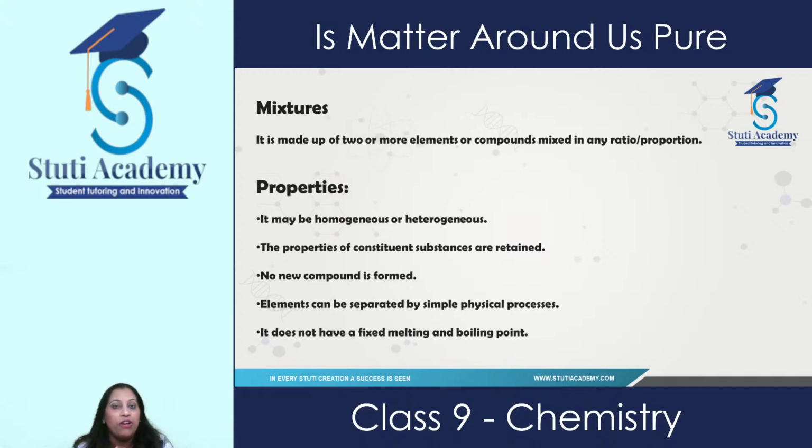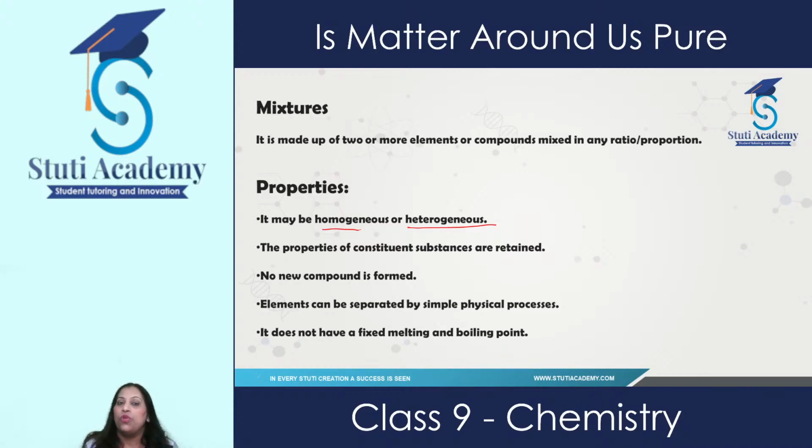The ratio is not fixed at all. So mixtures are those substances in which two or more elements or compounds combine together in any ratio and proportion. And mixtures can be homogeneous or heterogeneous. These two types I'll discuss later.